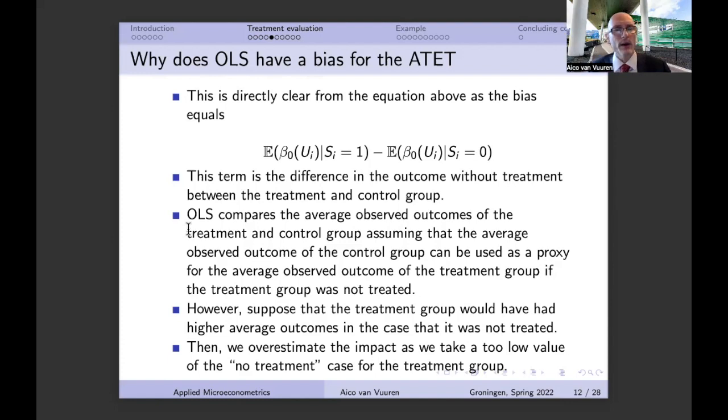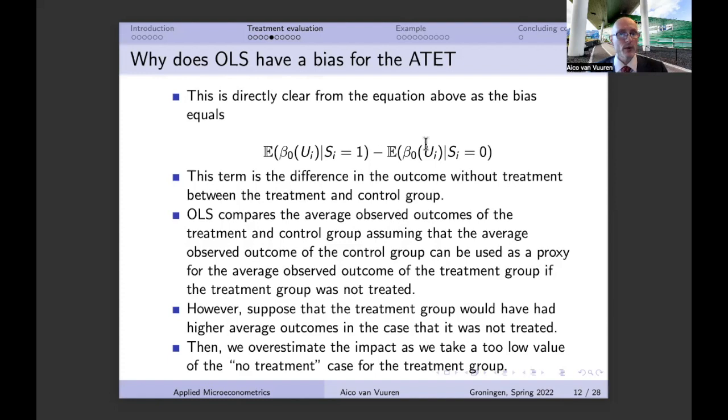But what ordinary least squares says is: maybe we can substitute the mean outcome for the treatment group in the case that they would not have been treated. Maybe we can replace that by the mean outcome for the control group at the moment that they're not treated.